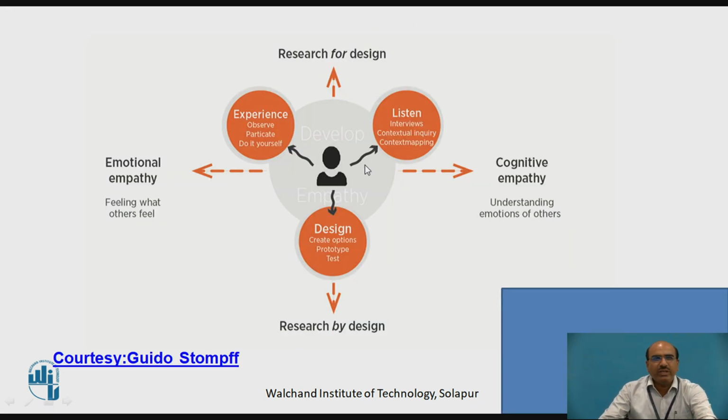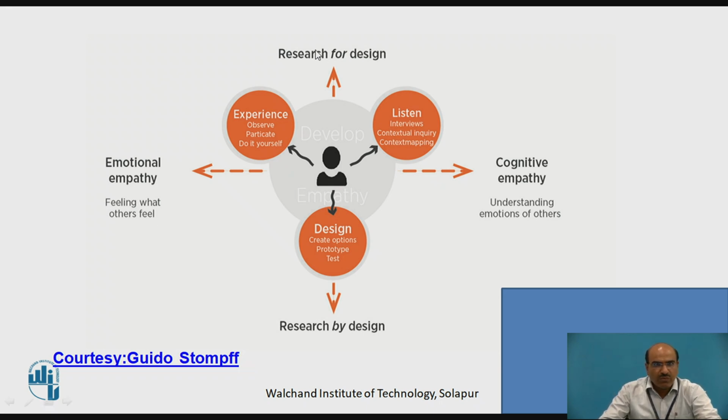Empathy starts with the cognitive process. Here is cognitive empathy, understanding the emotions of others, and emotional empathy, feeling what others are feeling about this product, so that we can make a match between cognitive and emotional.